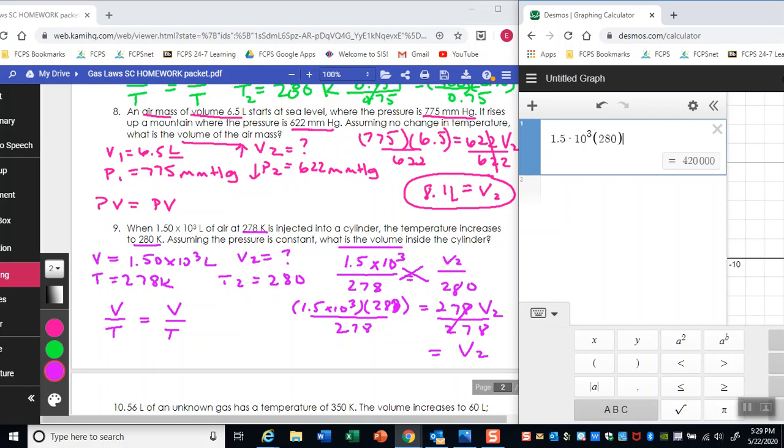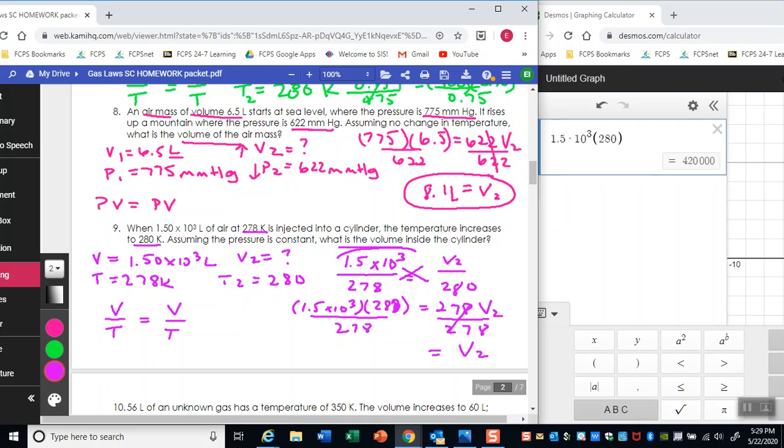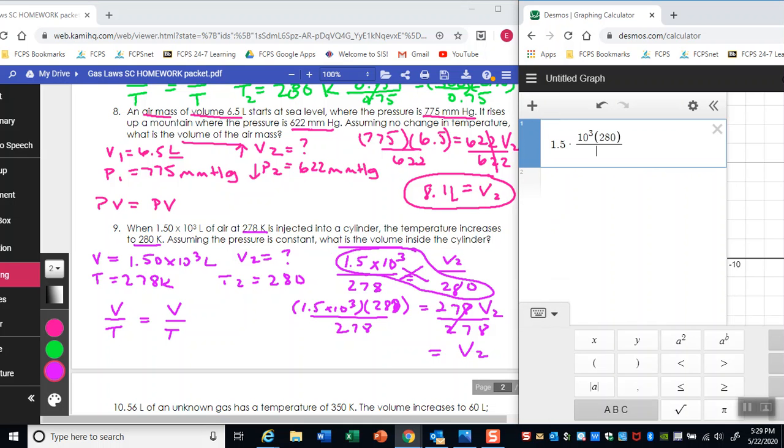Right, looking at the thing. Yeah, because I'm multiplying these times 280. Divided by 278.